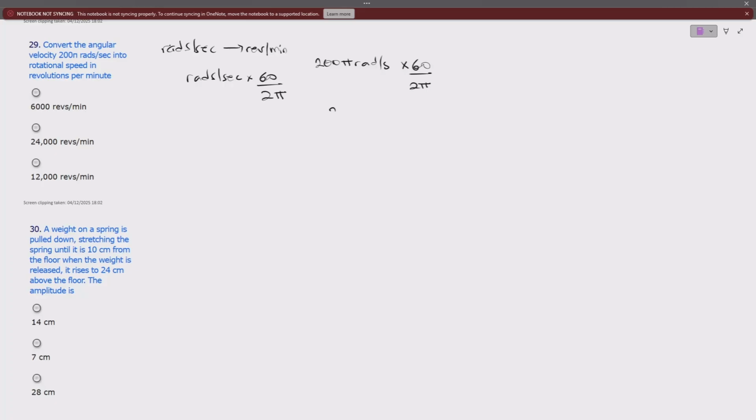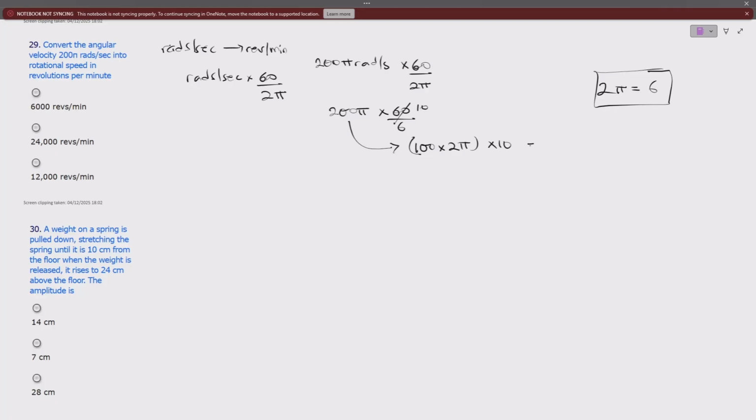Here you're going to get 200 pi times 60 divided by 6, since we are approximating 2 pi equals 6. Right, so 60 divided by 6 is going to give you 10. But you can rewrite 200 pi as 100 times 2 pi times 10.